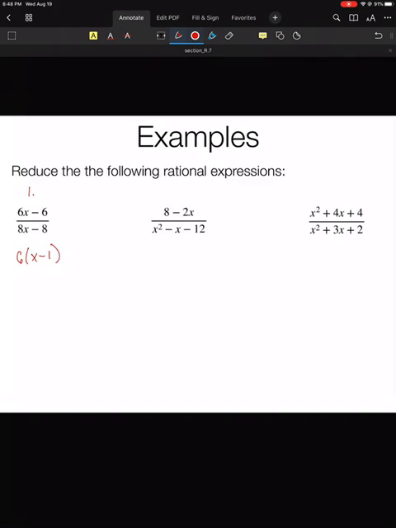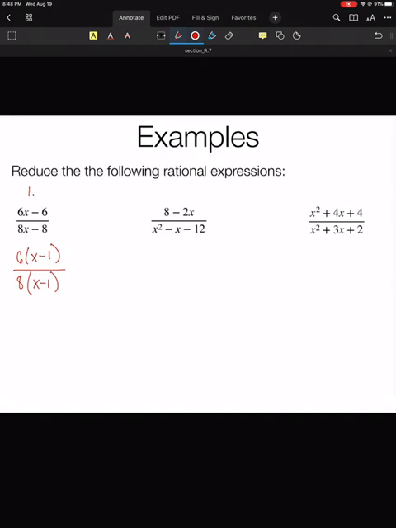All right, and it turns out I can do the same thing with 8x minus 8 on the bottom. I can pull the 8 out of both, so I get 8 times x minus 1. Now, that was clever of me because I see that there's something common to both the top and the bottom. This is called the cancellation property. If there's the same thing in the top and in the bottom, when you divide something by itself, the result is 1.